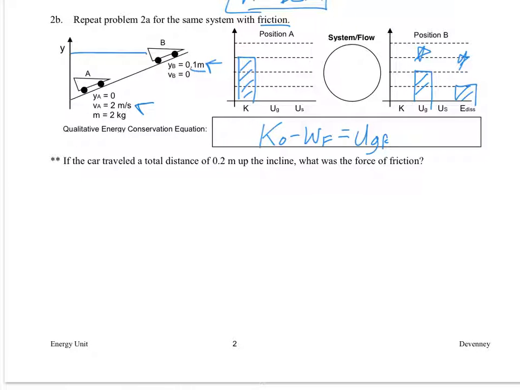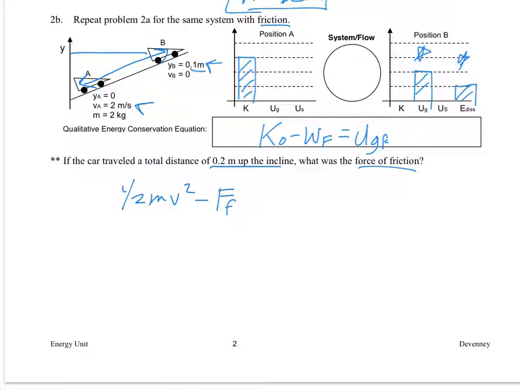So let's see. We want to know if the total distance that it went up the incline is 0.2 meters, what is the force of friction? So that 0.2 meters is saying that this distance here is 0.2 meters. Well, we know we have that kinetic energy, that 1/2 mv squared, and before it was just equal to gravitational, but now we know that friction is doing work, and remember, work is force times distance.